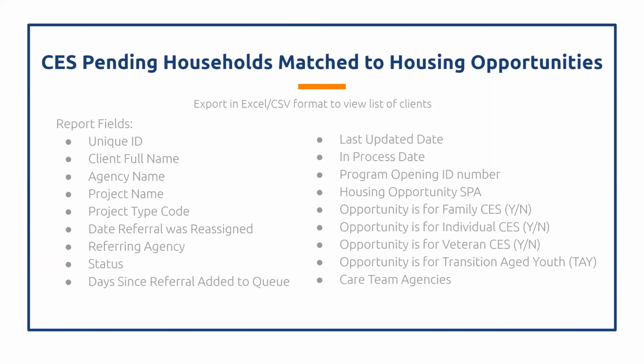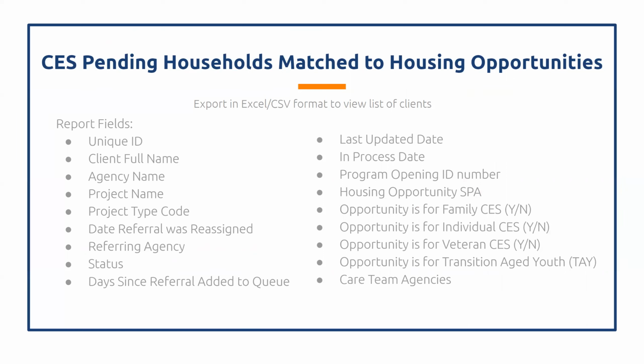And this is another list of all the fields. It includes profile data such as unique ID and client full name, the referred to agency information, so the agency name and the project type, referral information such as the date referral was reassigned, the referring agency, days since the referral was added to the community queue, and other relevant date fields.